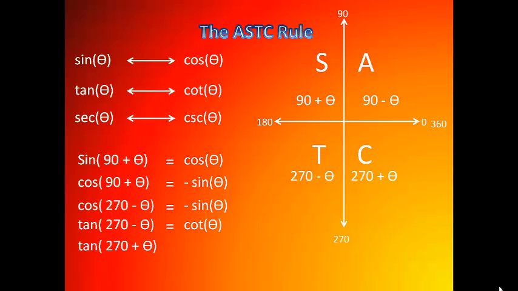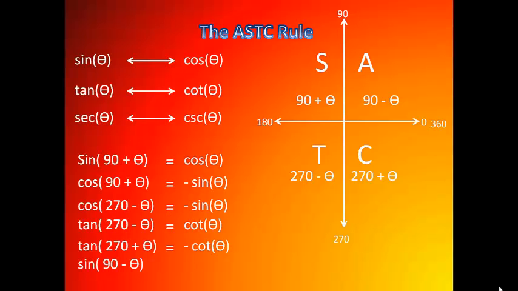Tan 270 plus theta. 270 plus theta lies in the fourth quad. Its home is cosine, but we are talking about tan 270 plus theta, so we need a negative sign, and 270 will convert tan into cotan, so the result will be negative cotan theta.